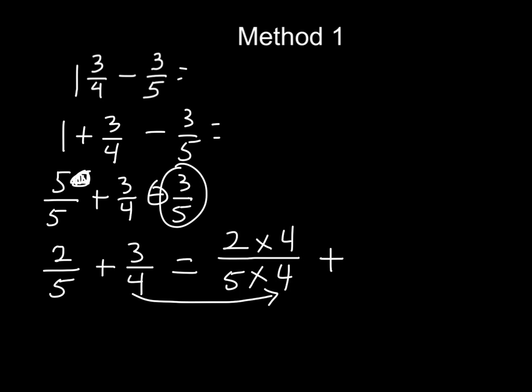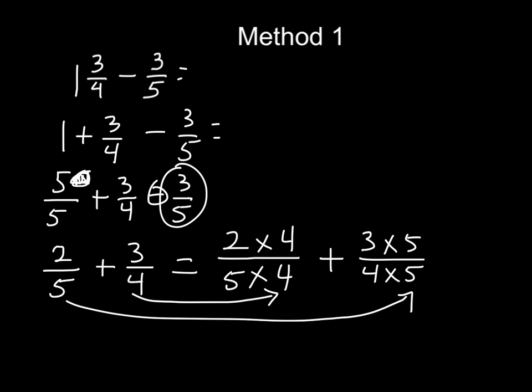And I'm going to take 3/4 and multiply it by 5/5. It's that denominator. And when I do that, I have 8/20 plus 15/20.